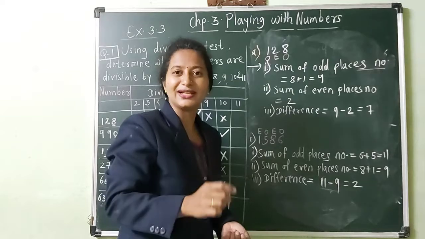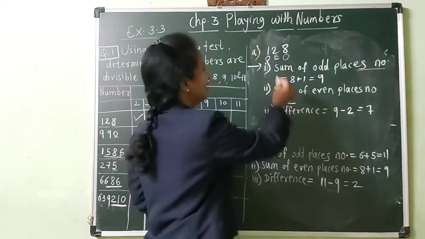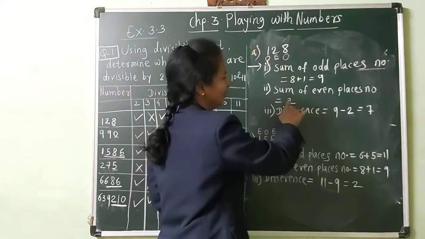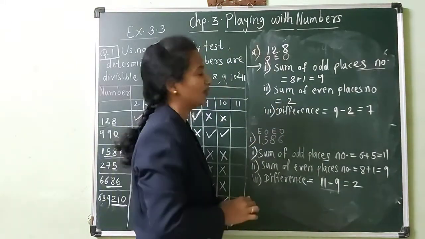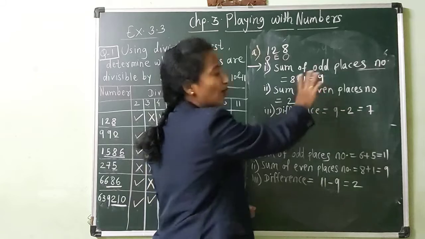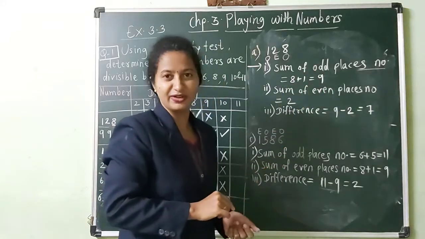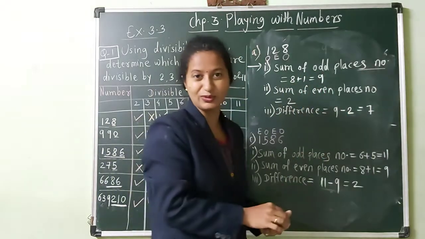Second step, sum of even places numbers. So the even place number is only 2, okay, so 2. And the third step, difference. Here you have to find the difference between the sum of odd places numbers and the sum of even places numbers. So 9 minus 2 is equal to 7.